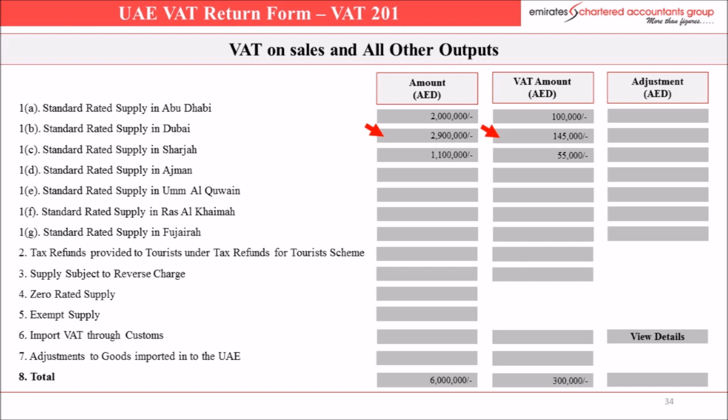Earlier it was 3 million, now I reduced 100,000 from the sales amount, and the output liability is reduced by 5,000. 5,000 is the tax amount for 100,000 of sales return value. When the sales return happens, the supplier has to make a sales return document, that is, a credit note has to be issued. This credit note will be 100,000 and the tax amount for that credit note will be 5,000.